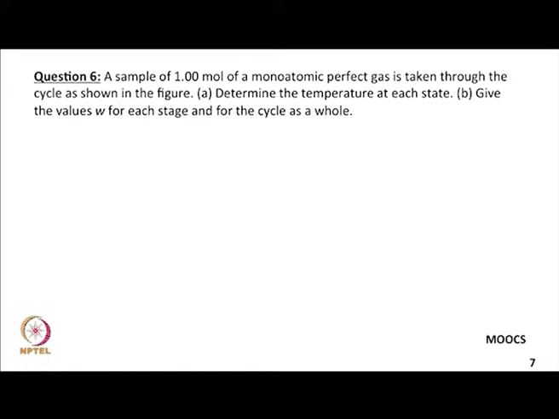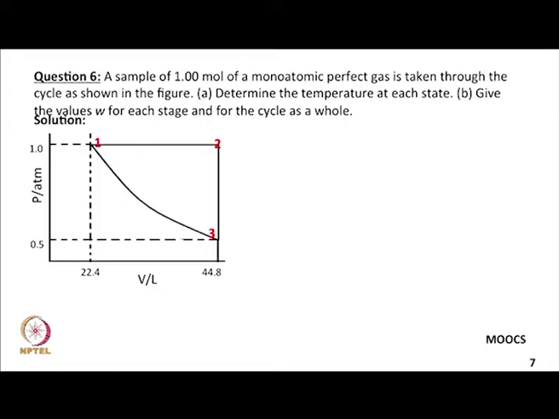Determine the temperature at each state, give the values of work at each stage and for the cycle as a whole. This is the cycle. You go from stage 1 to stage 2, and stage 2 to stage 3, and then go back to stage 1. This is the cycle.